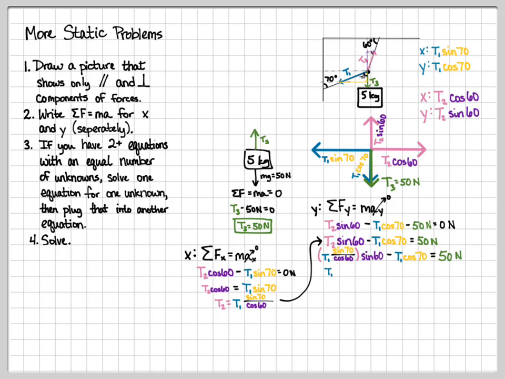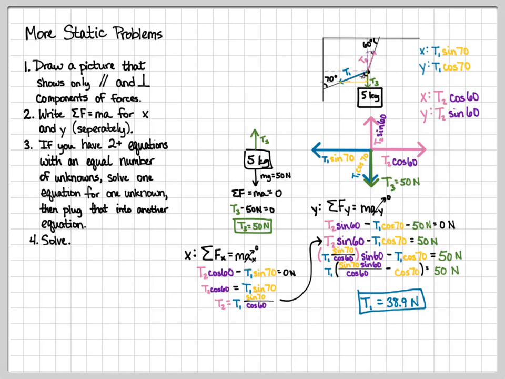I can factor out that T1 divided by cosine 60 minus cosine 70. All that is equal to 50 newtons. So I'm going to plug that mess in parentheses into my calculator and do 50 divided by that mess. When I do that, I get T1 is equal to 38.9 newtons.